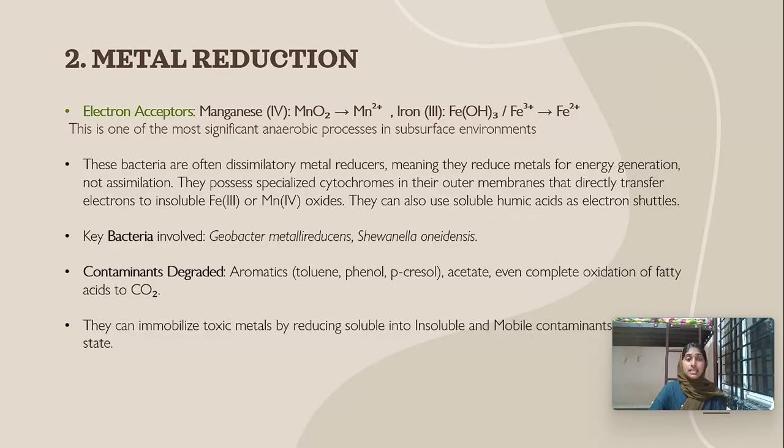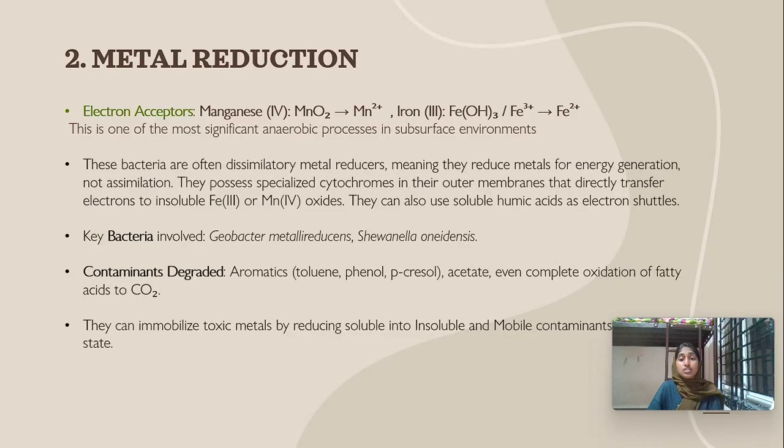Some of the bacteria involved in metallic reduction are Geobacter metallireducens and Shewanella oneidensis. Some of the contaminants which can be degraded by this method are aromatic compounds such as toluene, phenols, p-cresol, and then acetate.